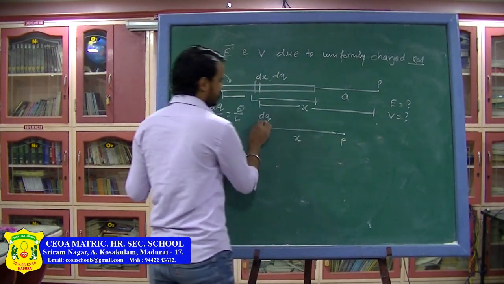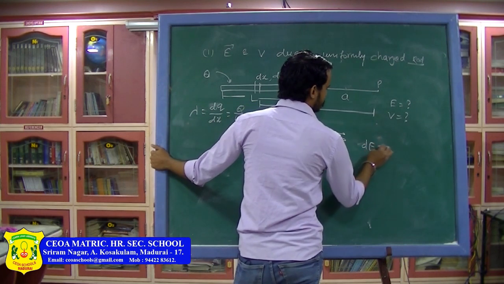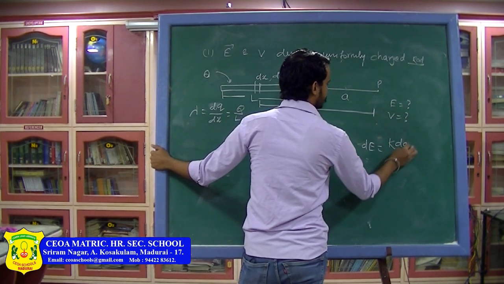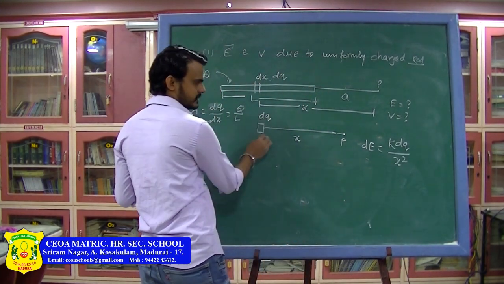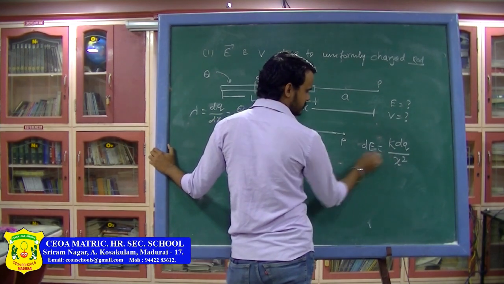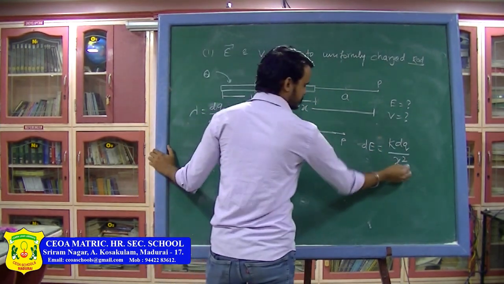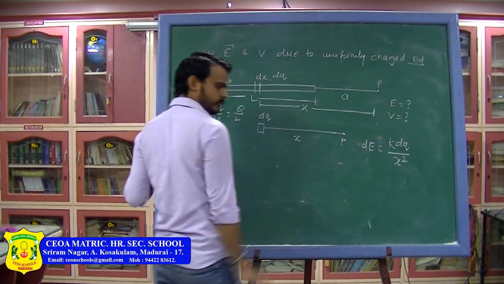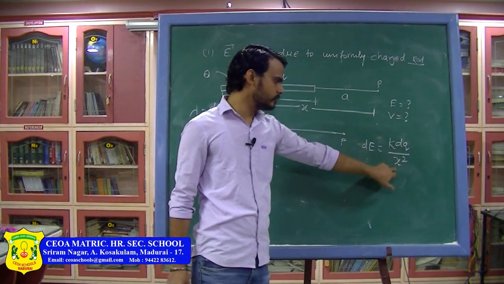Due to this very small charge, the electric field will be very small, so I can write dE is equal to k dq by x square. Here k is k, dq is the small charge, and x is the distance between the charge and the point, just like a charge q at a distance r gives kq by r square.